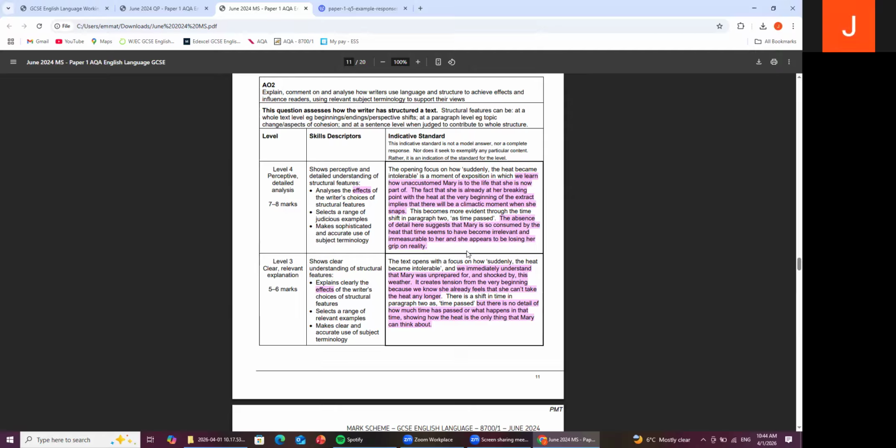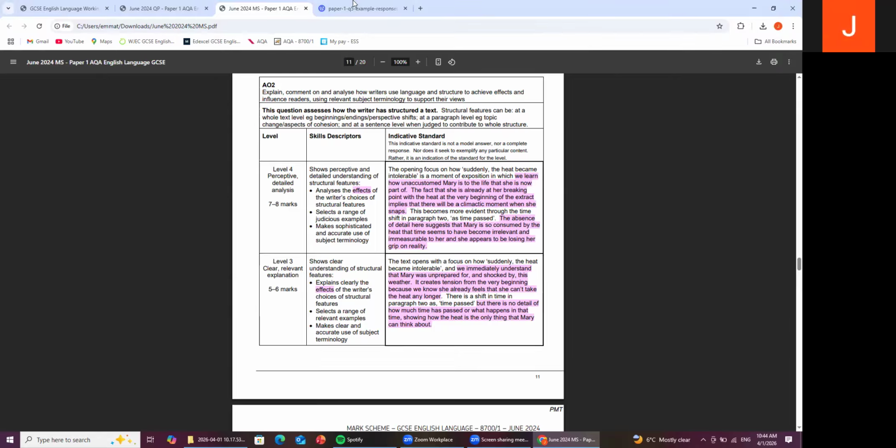So the effect there is really detailed and expansive, and it's really picking apart the psychological impact that the heat's having on the character of Mary. But also we've got our structural vocabulary being used here as well. So the student here has been really specific. They're really zooming in on the details there.